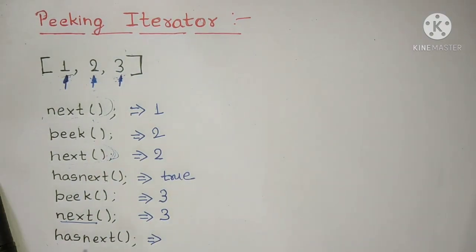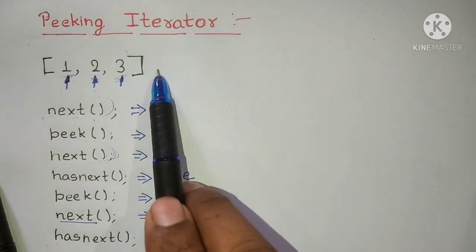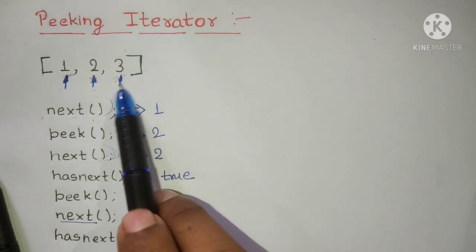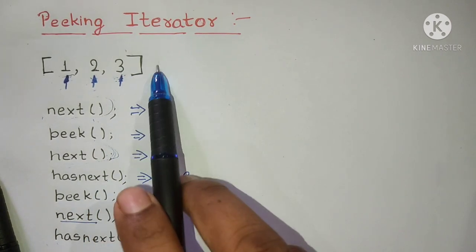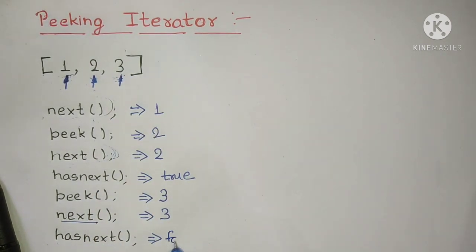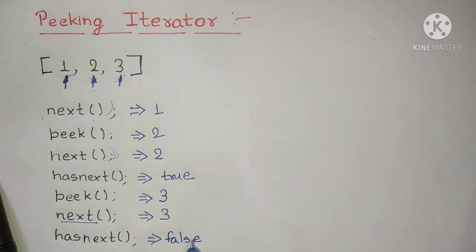And what will hasNext do? It will check if there is again a value after this or not. So it will not find any value and it will return false. So I hope you get a better understanding of what these three functions do.